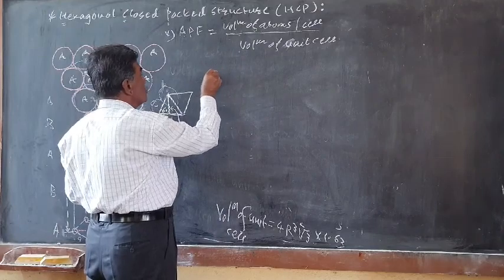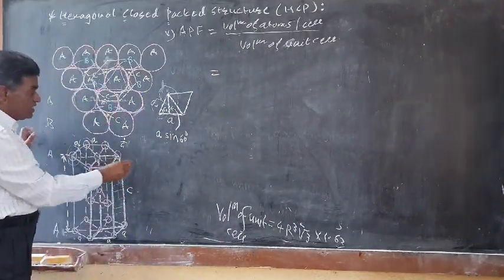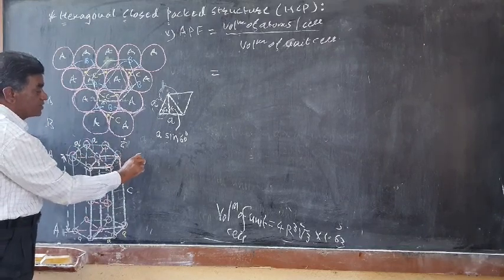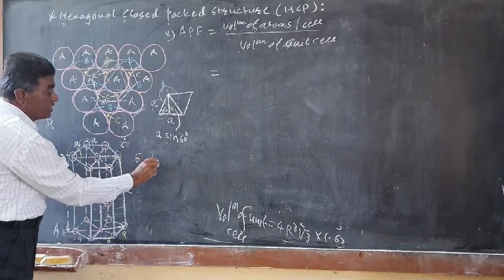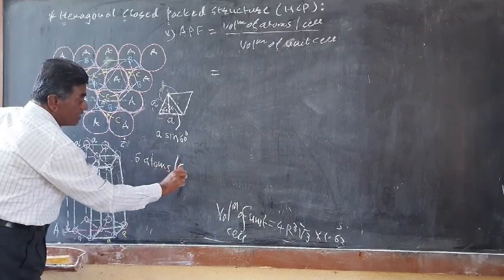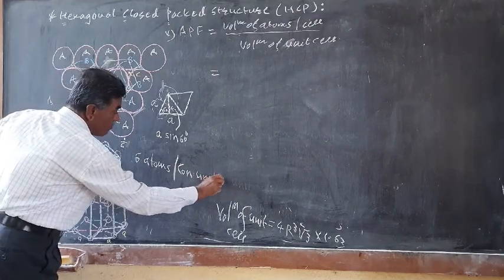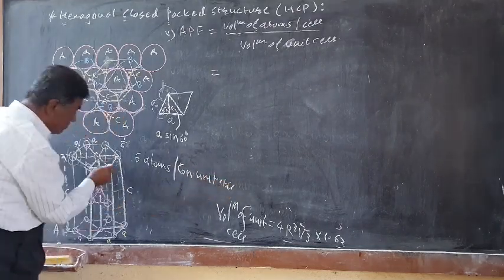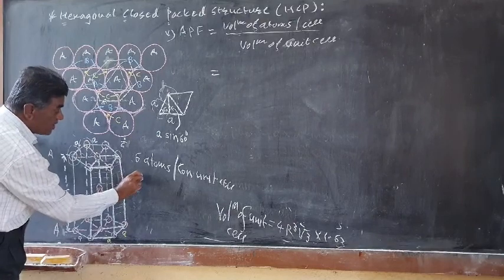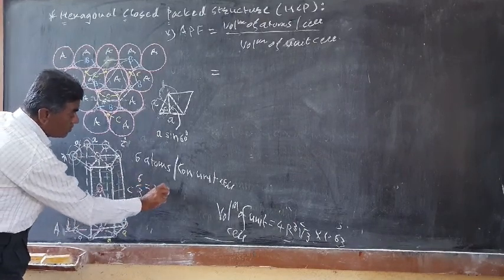Last time we have seen that for the conventional unit cell there are 6 atoms per unit cell, and it consists of 3 primitive unit cells. So 6 divided by 3 gives 2 atoms per primitive unit cell.